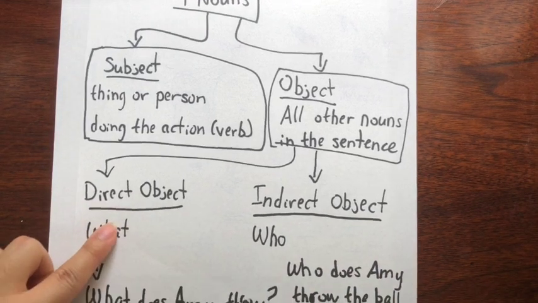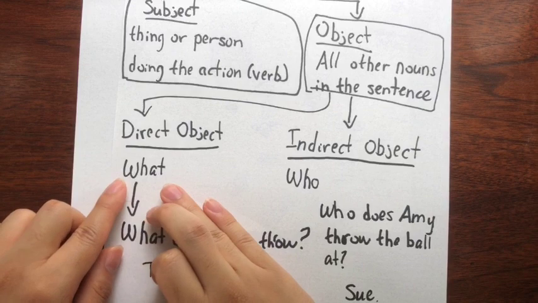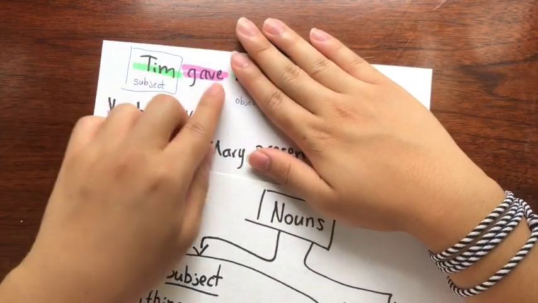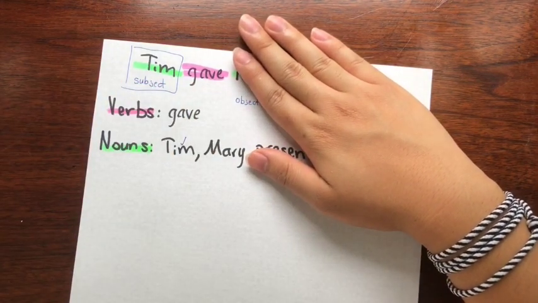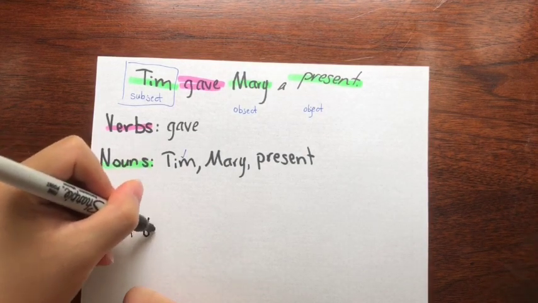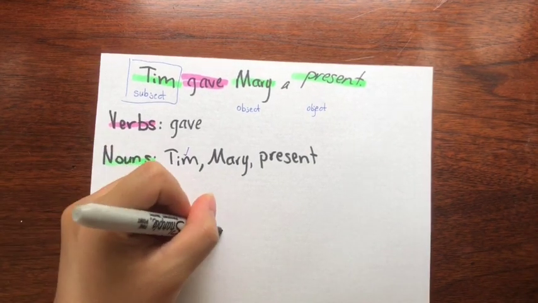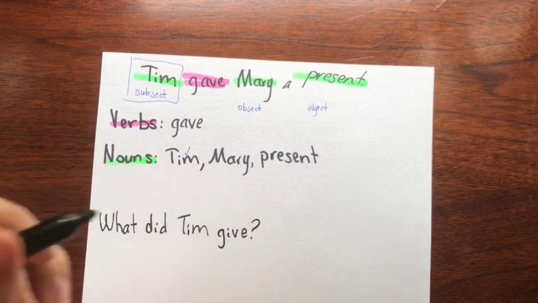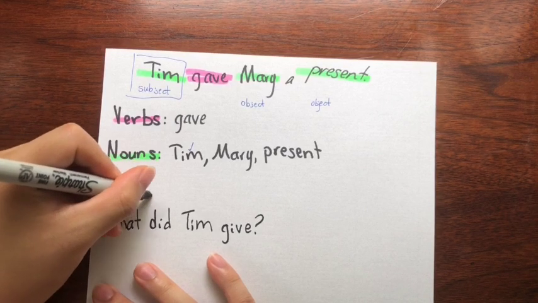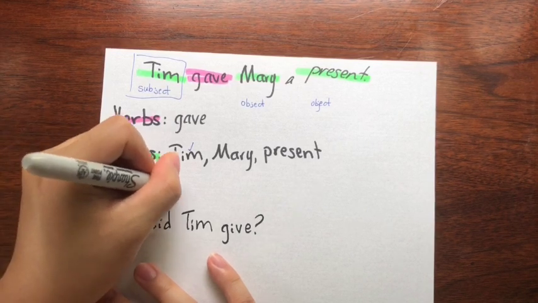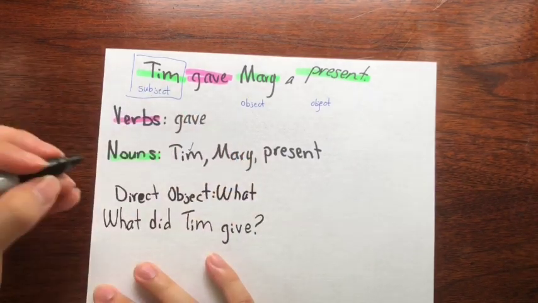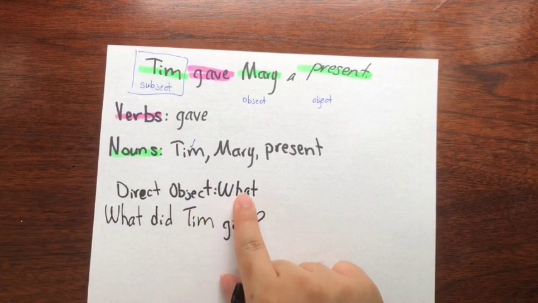The direct object answers the what question. Okay, so let's see. We have Tim gave. So we can say, what did Tim give? The direct object answers the what question.